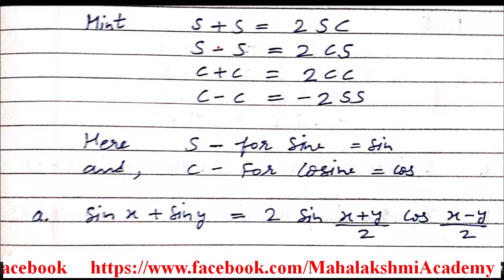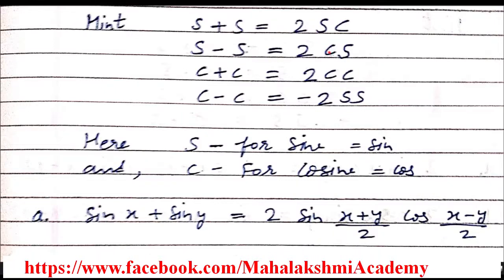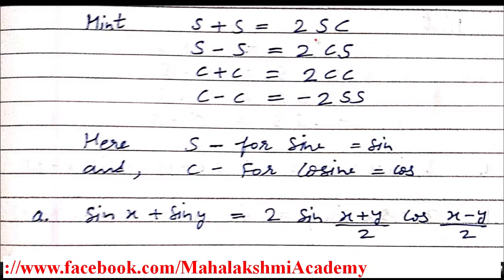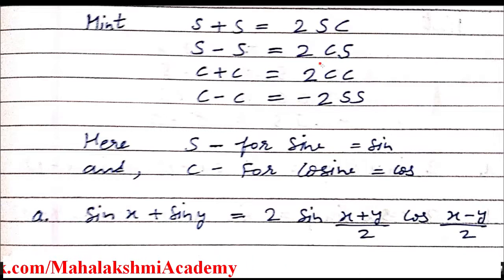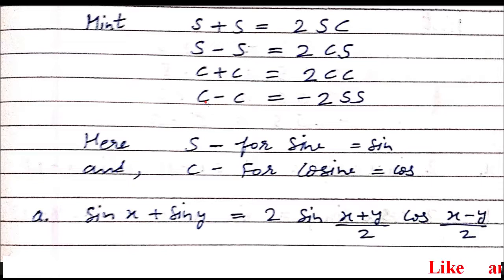Now when you are writing for s minus s, c comes at the first place and s goes at the second place, but they used to come alternatively. Now when we are writing for c plus c and c minus c, you just see here, when we are writing for c plus c, cc used to come, and when we are writing c minus c, ss used to come. So these are the identifications.